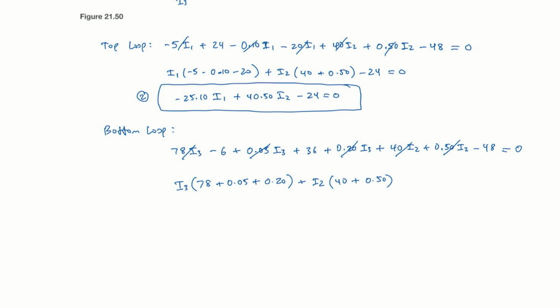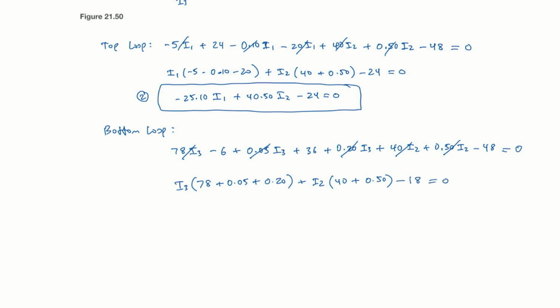Okay, then we have minus 6 plus 36, so that gives us plus 30. But then we've got minus 48, so 48 minus 30, so we're going to have minus 18, and that's it.